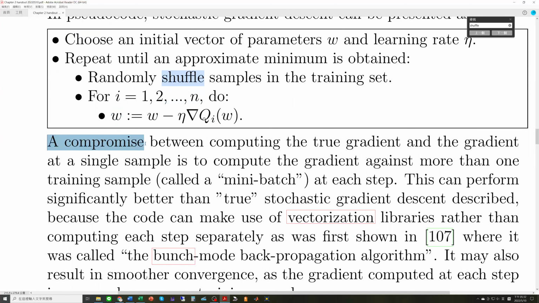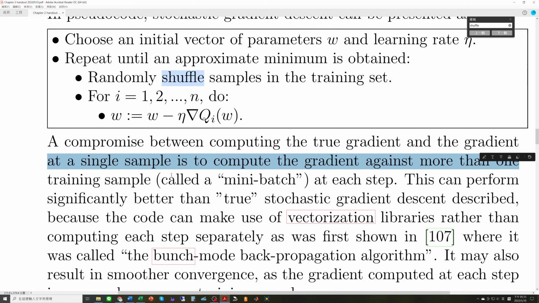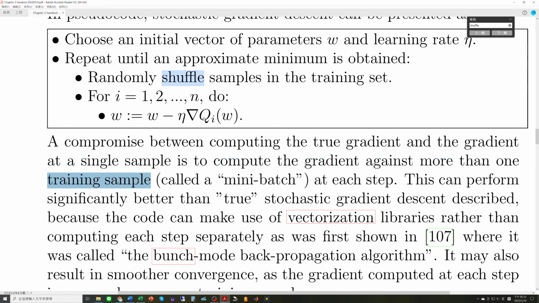A compromise between computing the true gradient and the gradient at a single sample is to compute the gradient against more than one training sample, called a mini batch. In the second part of today's class, we said we will introduce what a mini batch is.